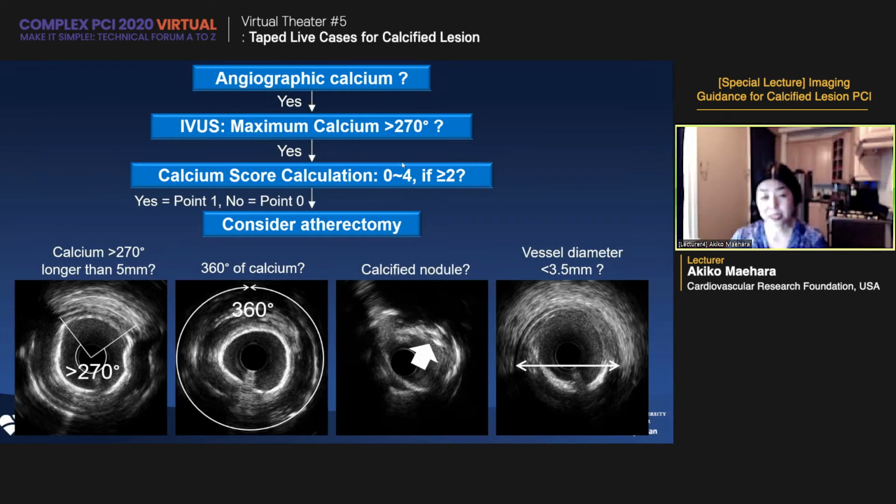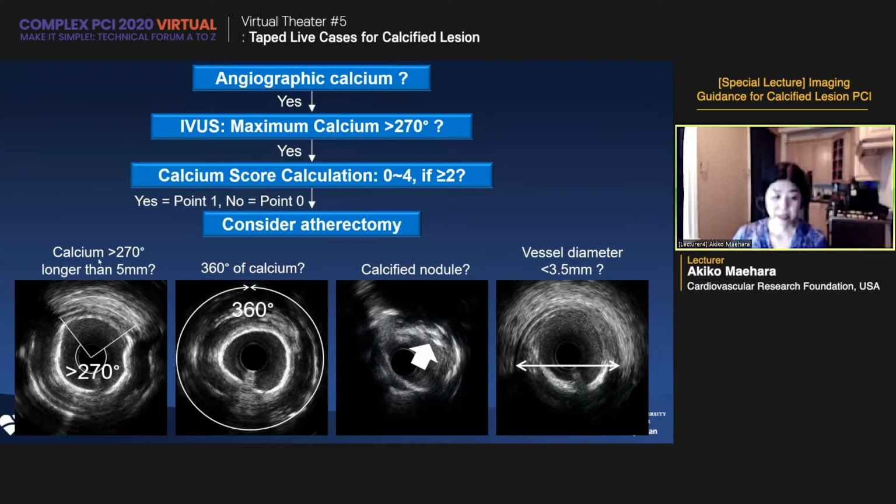And next we learned the big calcium is important, but less than 180 degrees of calcium is not important based on the OCT. So we start from more than 270 degrees of calcium. If you have angiographic calcium and IVUS tells more than 270 degrees, we start calculating the score. So those are the data based on the test cohort to decide the important factors.